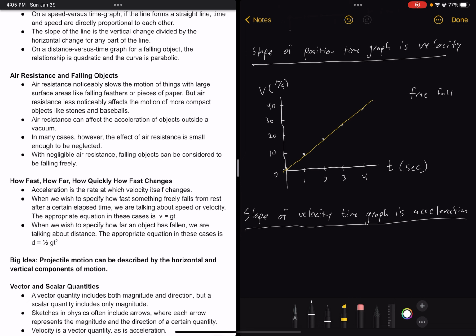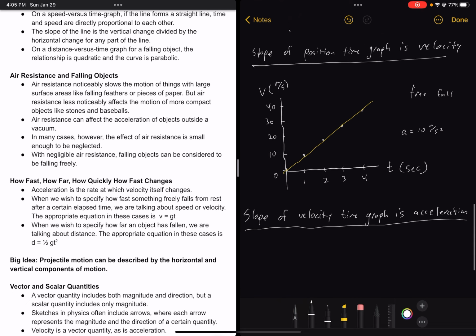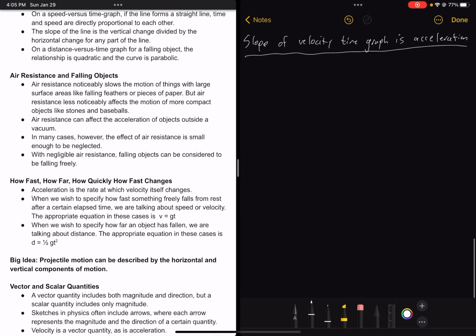Here, the rise is some velocity in meters per second, so you have meters per second divided by seconds, and you end up with meters per second squared, which is a unit of acceleration. In this case, the acceleration is equal to 10 meters per second squared, which is the slope. And in the earlier problem, we had a velocity of 5 meters per second, which was the slope of that graph. So make sure you know those basic motion graphs.